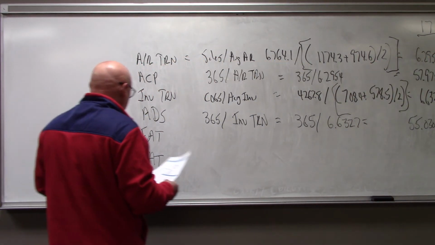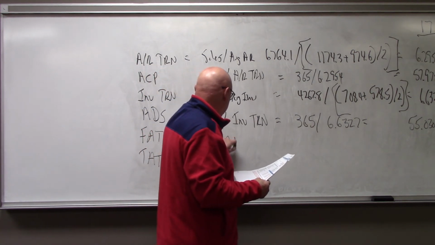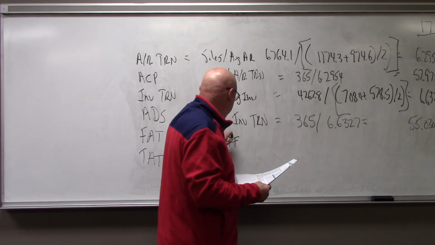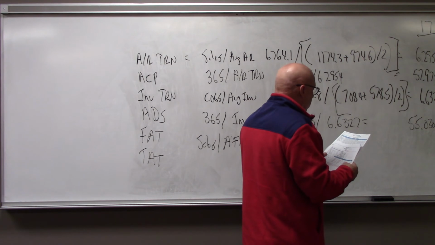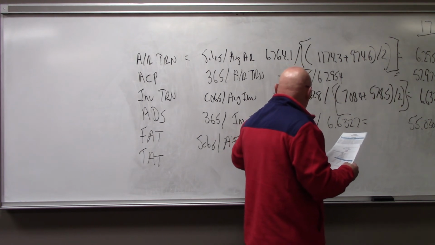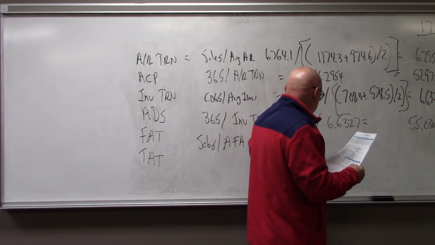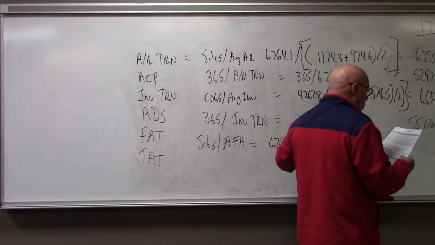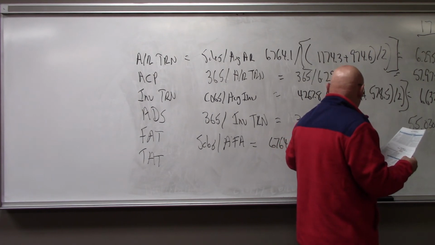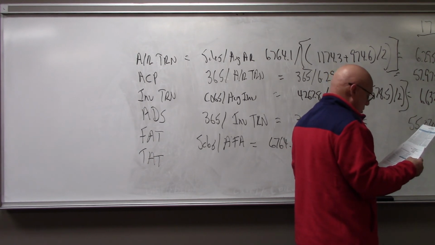Fixed asset turnover, sales divided by average fixed assets. So we go back to sales and we get 6764.1 divided by beginning net PP&E 980.9. Now we can either do PP&E or we can include the intangibles.